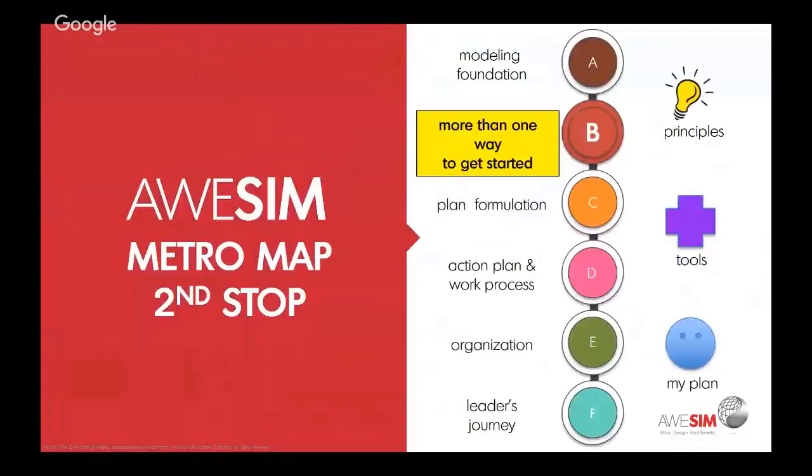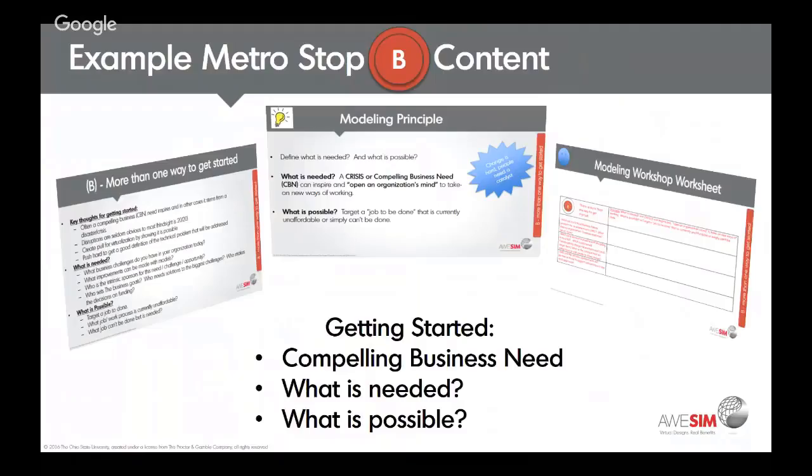Okay, so the second stop, more than one way to get started, explains that you need to identify a compelling business need. What is it that you currently need? Sometimes you need to create a crisis of some sort, or you need to identify what is the job that can be done, what is possible.